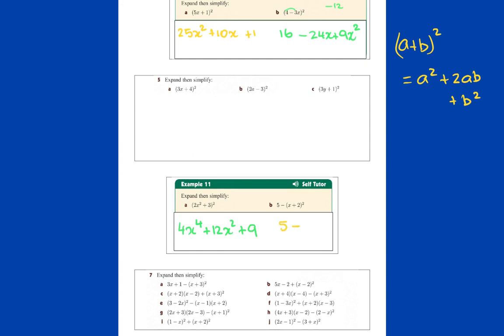We've got 5 minus brackets x squared plus, well, 2 times a times b gives us 4x. Now we're going to expand that out, so minus goes in front of everything. And then we can simplify the 5 and the 4.